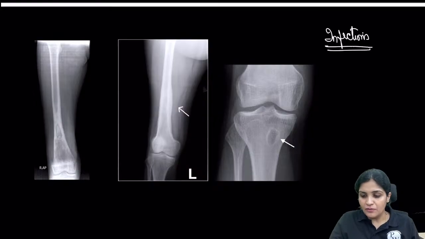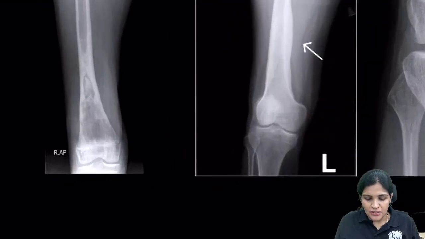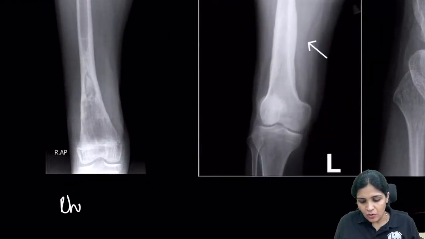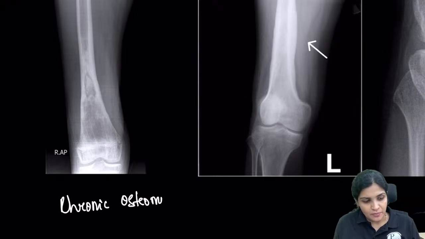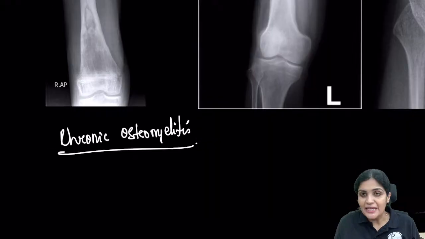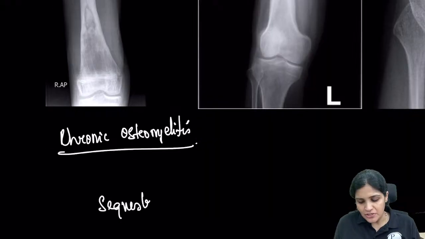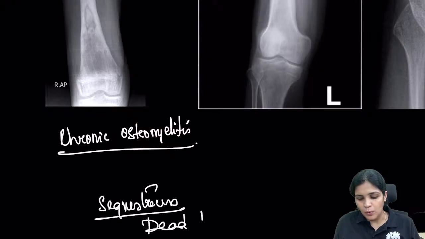And then coming to the infections. This is one of the most important X-rays. This is a chronic osteomyelitis X-ray. What you see, the most important thing, is the sequestrum. What is a sequestrum? Sequestrum is nothing but dead bone.